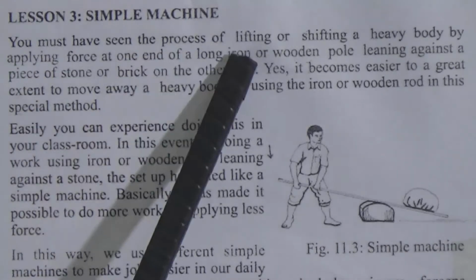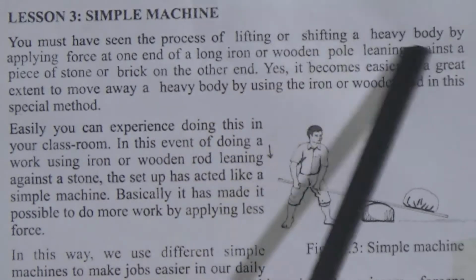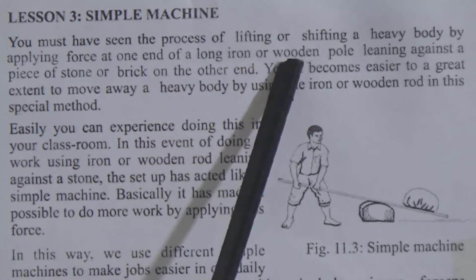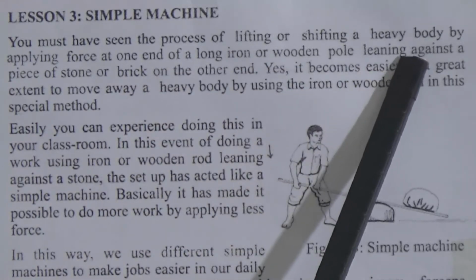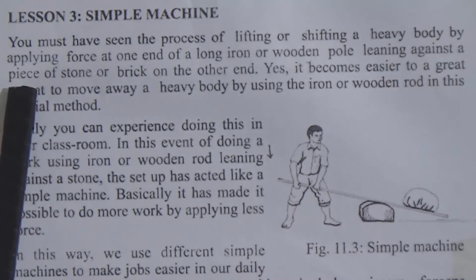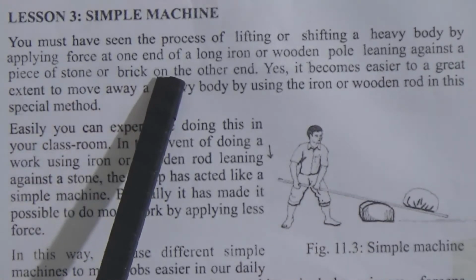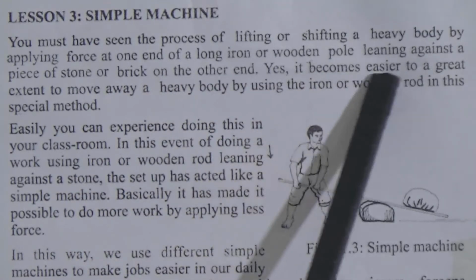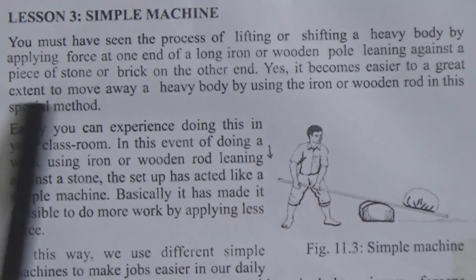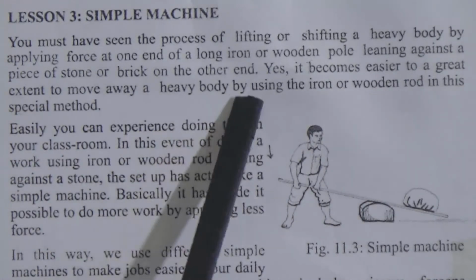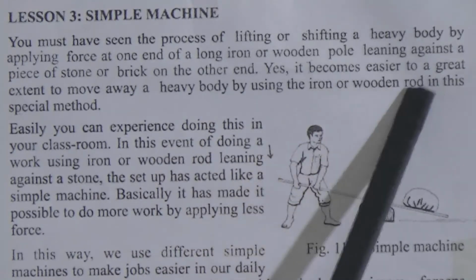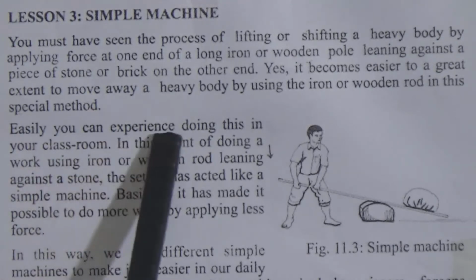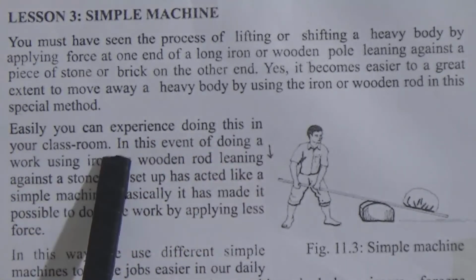You must have seen the process of lifting or shifting a heavy body by applying force at one end of a long iron or wooden pole leaning against a piece of stone or brick on the other end. Yes, it becomes easier to a great extent to move away a heavy body by using the iron or wooden rod in this special method. Easily you can experience doing this in your classroom.